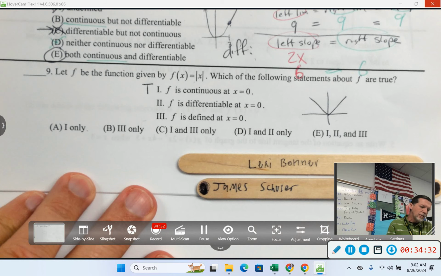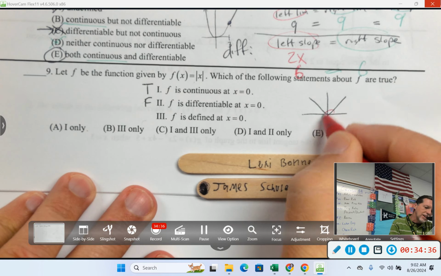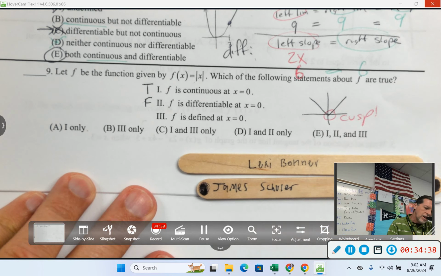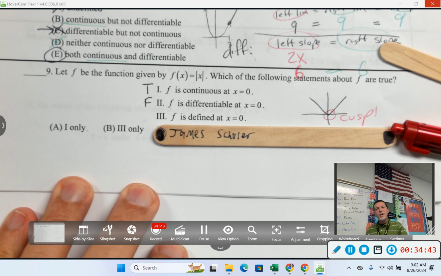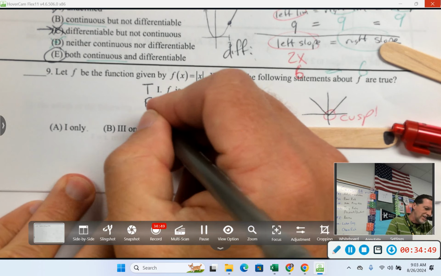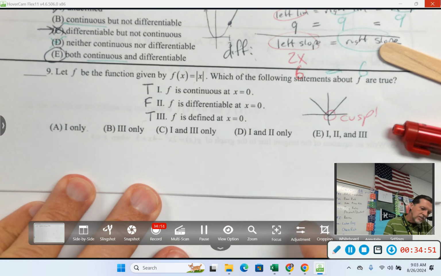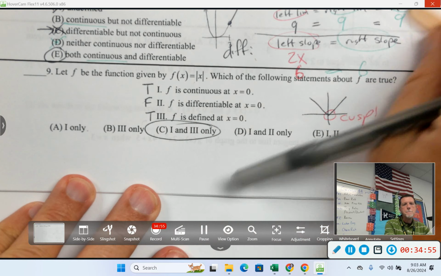Lexi, is f differentiable at x equals 0? Why not? There's a cusp there. James, I guess that's on there just to give us 3 choices here. Is f defined at x equals 0? Yeah, there's a point there. So which of the following is true? 1 and 3 are true.